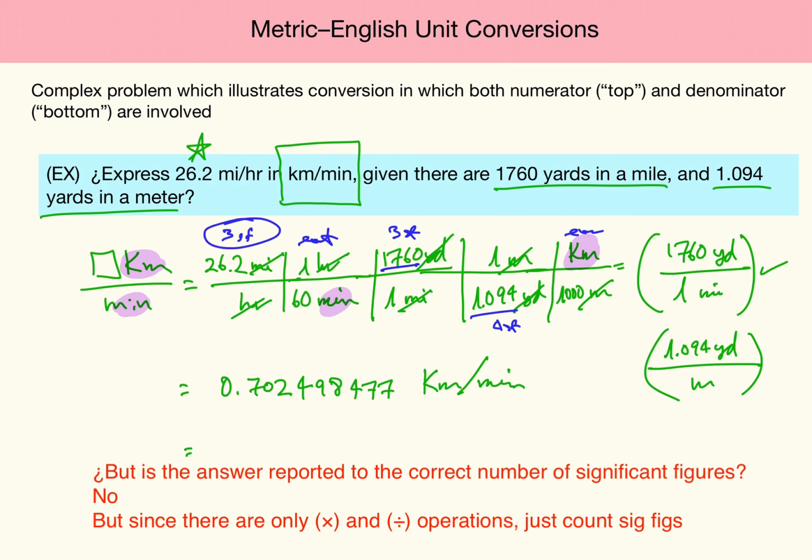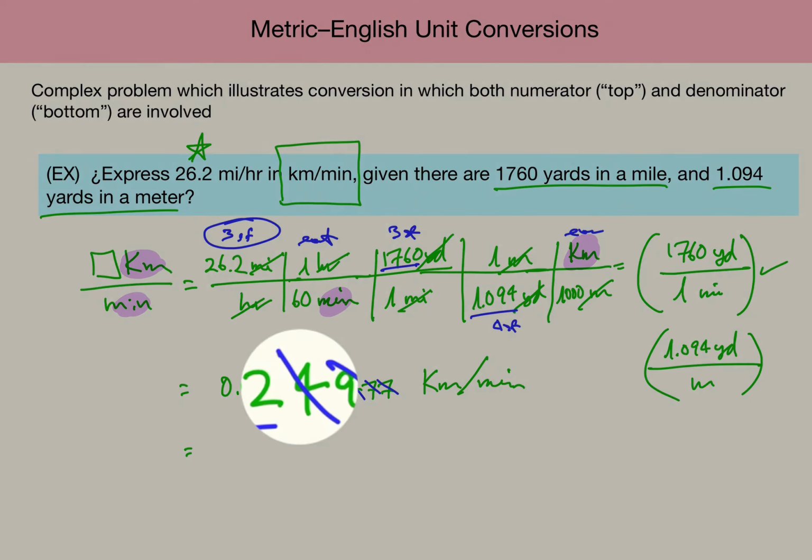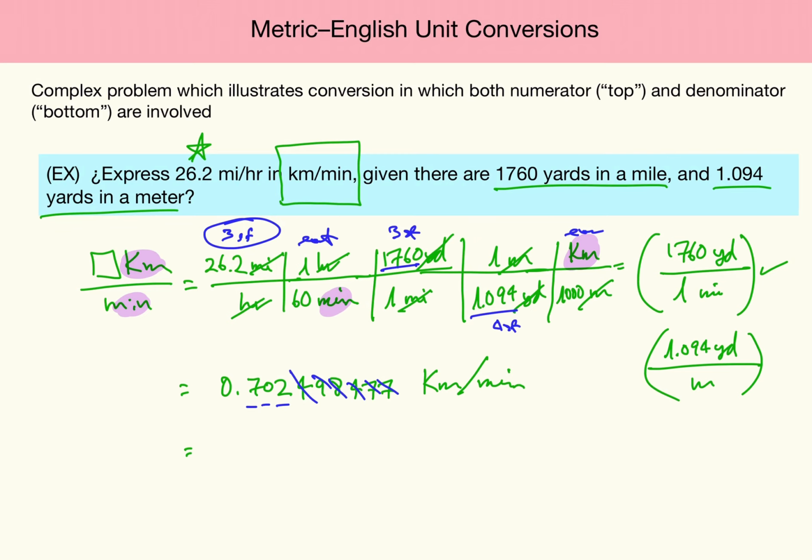So my answer can be good to 3 significant figures. There's the first, there's the second, there's the third. I can keep 3. I drop everything else. And the first digit I drop is lower than 5, so I just drop it. So the real answer here is 0.702 kilometers per minute.